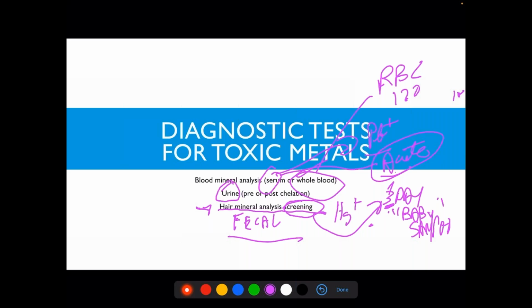Now, in a urine test, you have a choice. You can do either a pre or post type of chelation, or what we call a challenge test. Depends on your state and what board of medicine takes care of you. You need to check which one is acceptable.